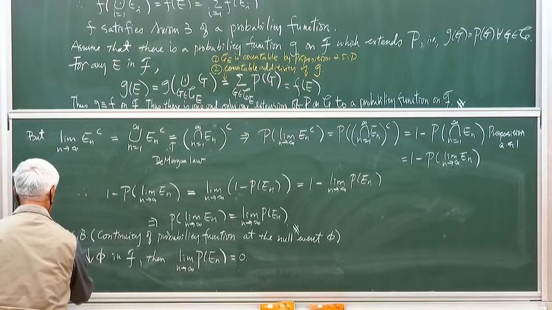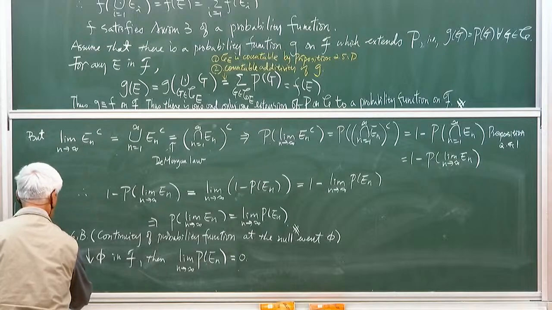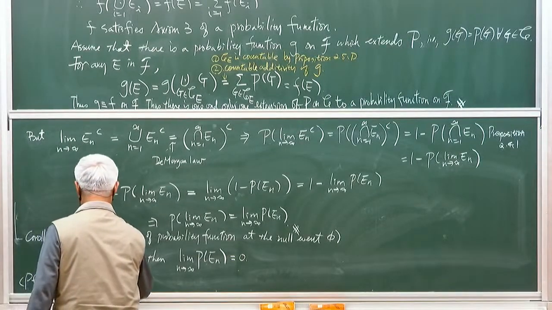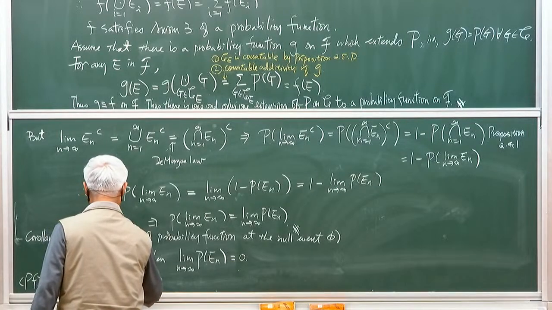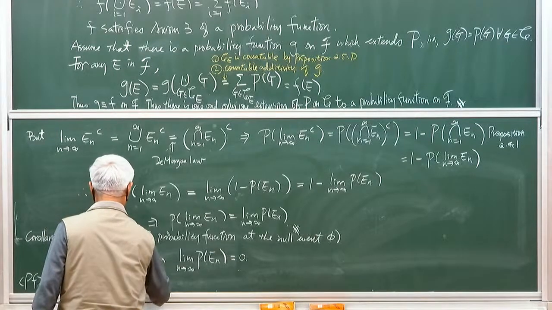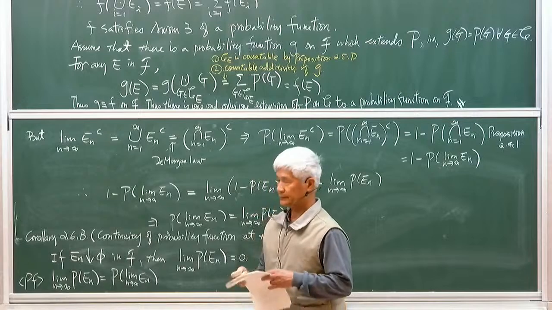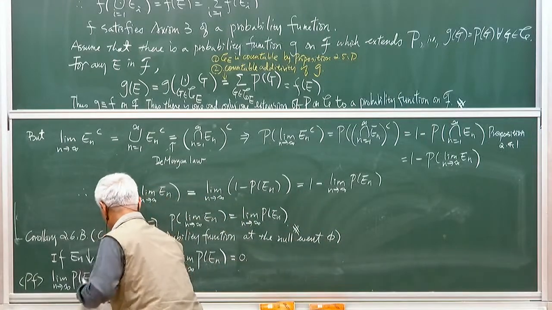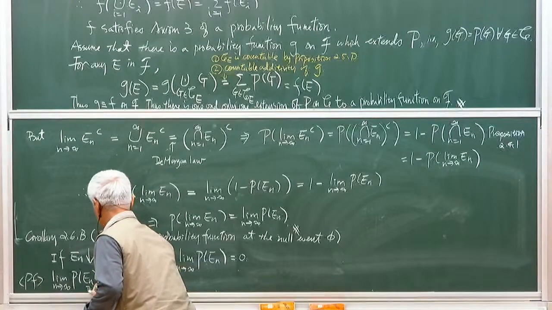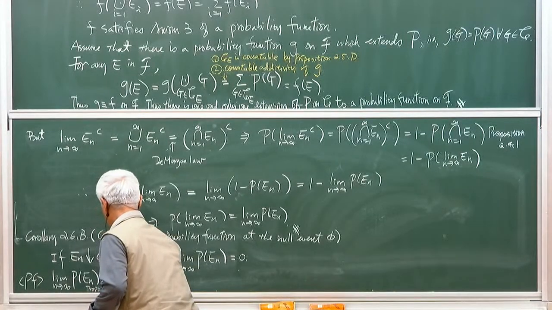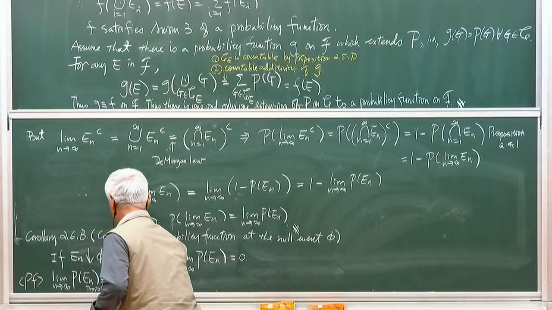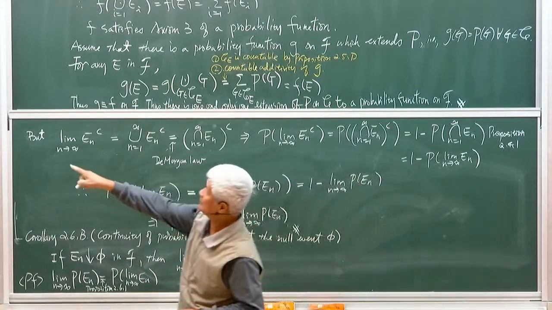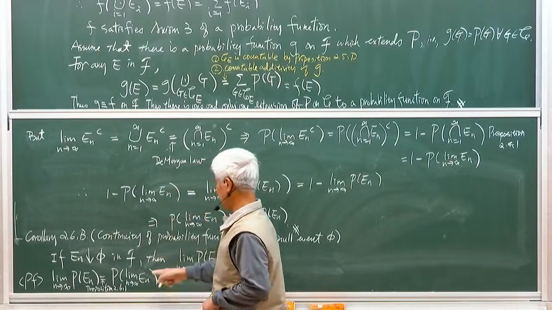The limit as n goes to infinity of P of En is equal to the probability of the limit. This is by proposition 2.6.1, from the previous proposition.